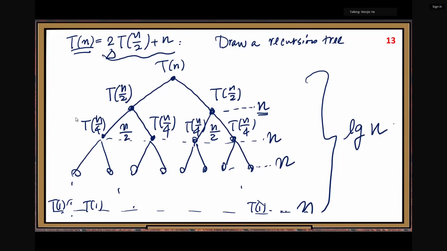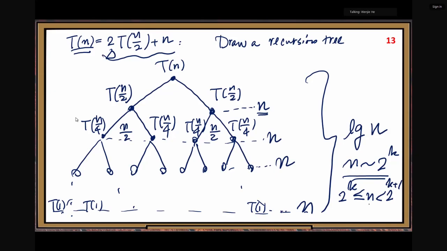Because here you do division by 2, although your n may not be a power of 2. But can you find two adjacent powers of 2 to put n between?